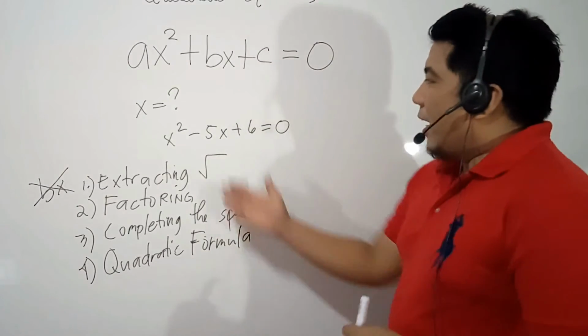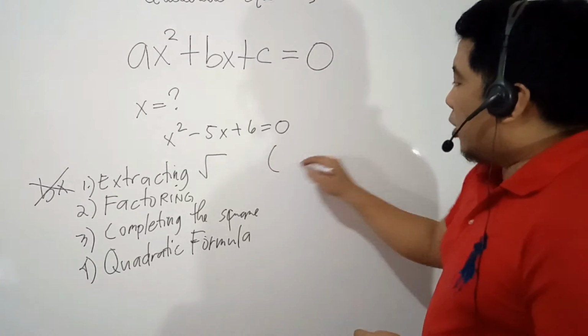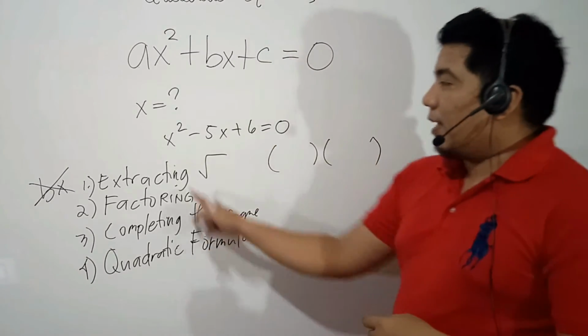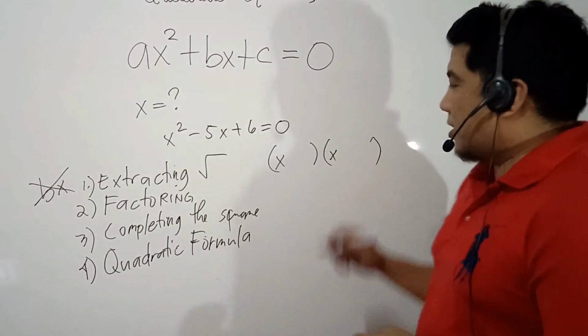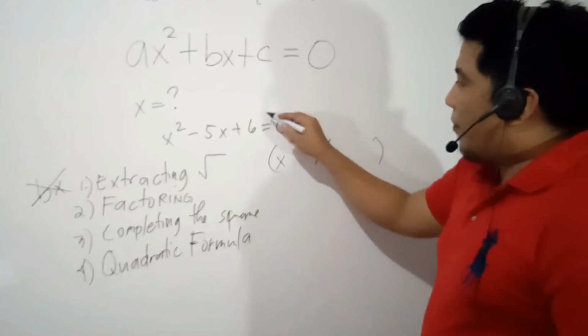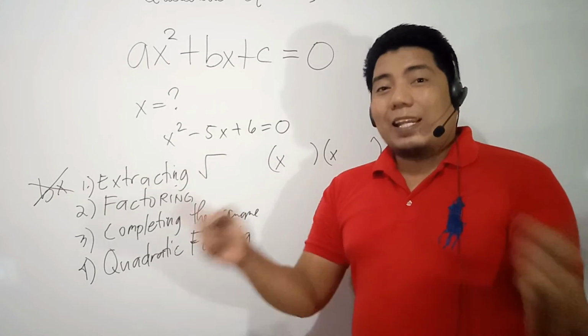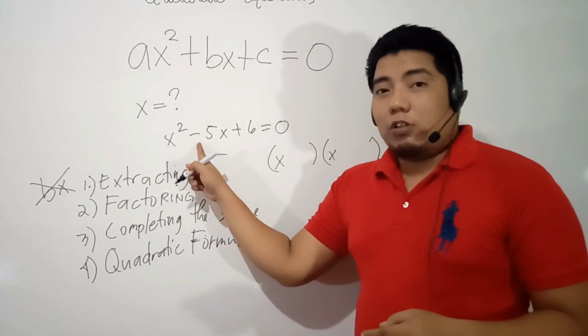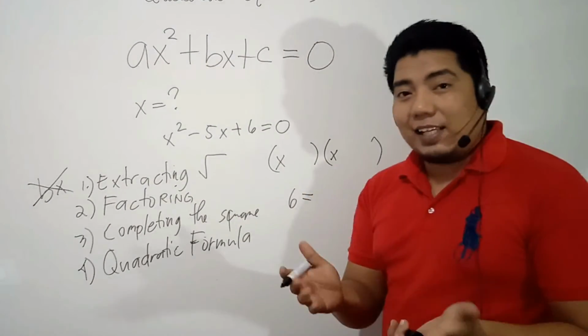If we factor x squared minus 5x plus 6, we're just going to make two quantities and factor the first term, and that is x and x. Then we factor 6 such that the factors of 6, when added together, should result in negative 5. Now, what are the factors of 6?